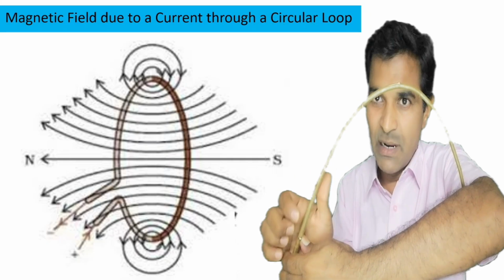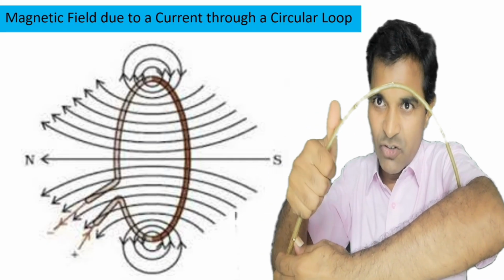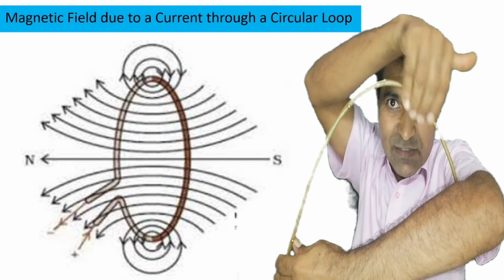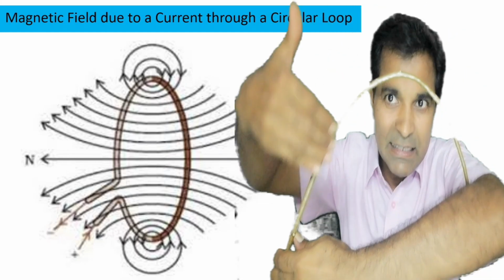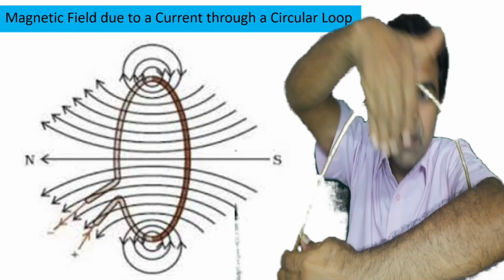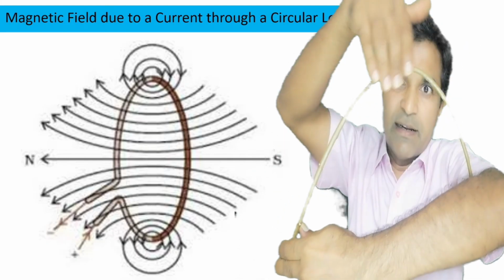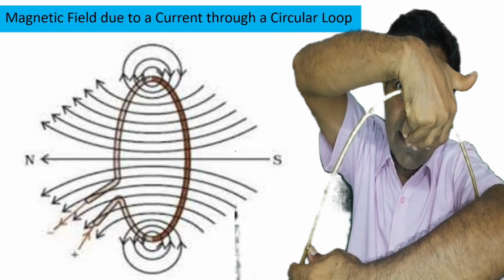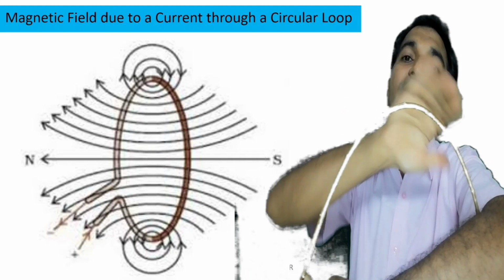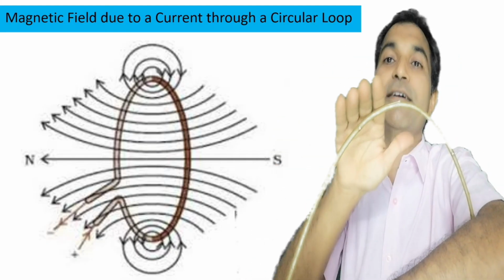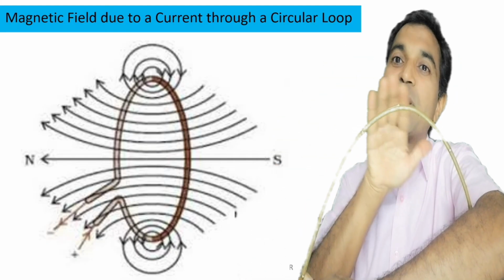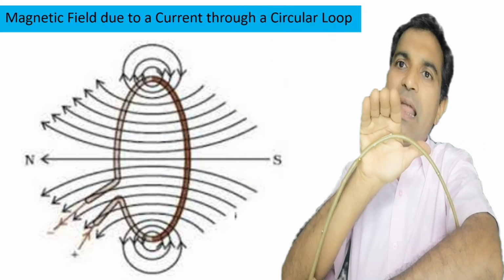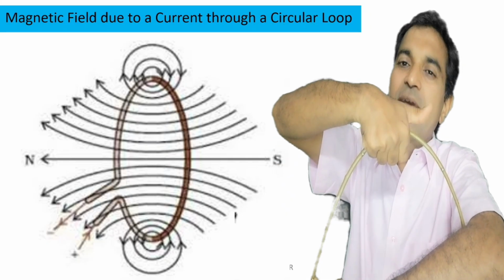According to the right hand thumb rule, it is very clear that this will be the direction of magnetic field. If this is the direction of current, then inside the ring, this will be the direction of magnetic field. And at the periphery of the conductor, the direction of the magnetic field will be coming out, right? So it will be like this, but here it will be like this.